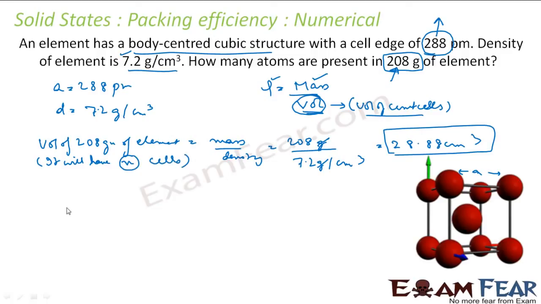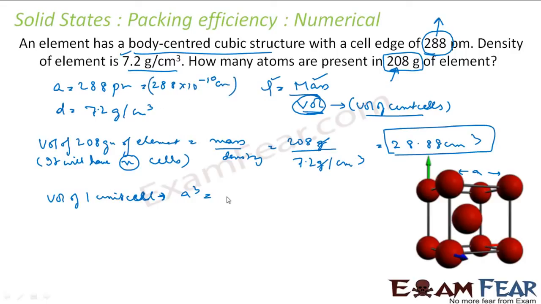Correct. So let's find the volume of one unit cell. Since it is in centimeter cube, let's find it in centimeter cube only. And that is nothing but A cube. A is 288 picometer. So let's convert this into centimeter. 288 picometer is nothing but 288 into 10 to the power minus 10 centimeter.